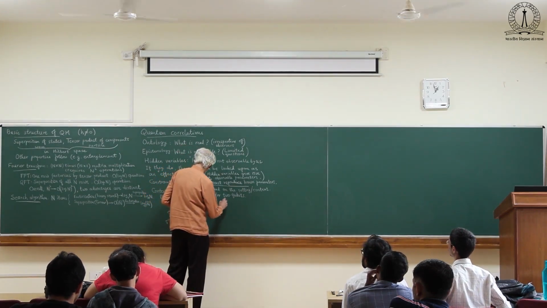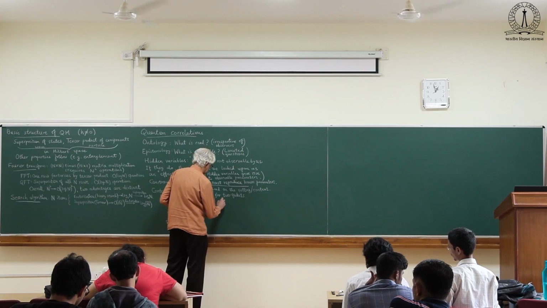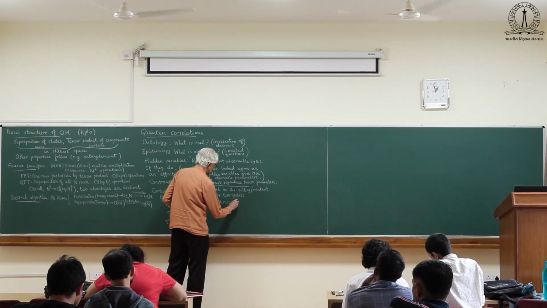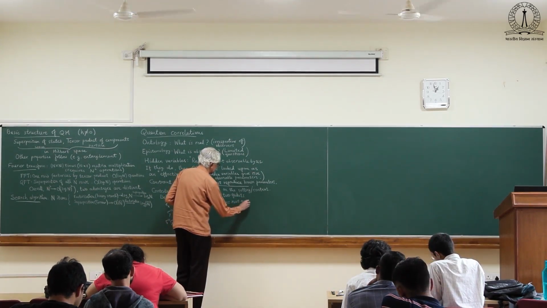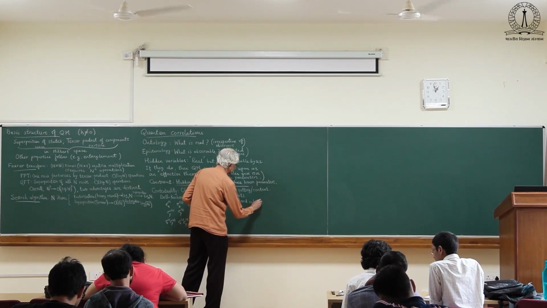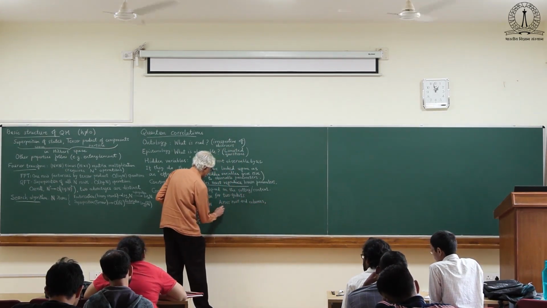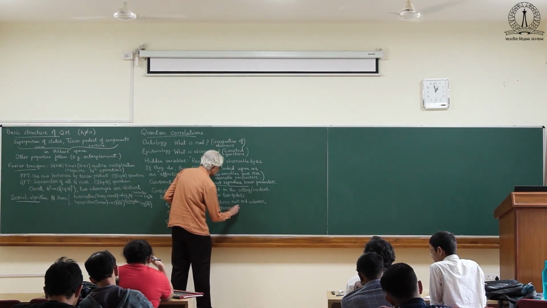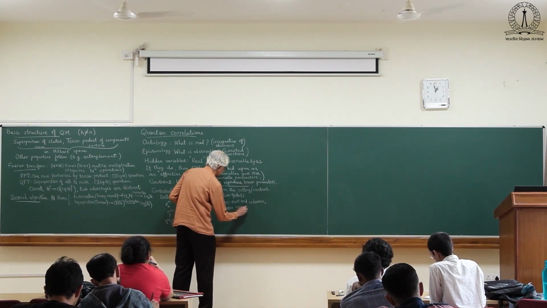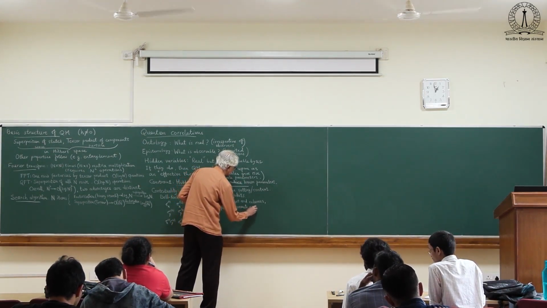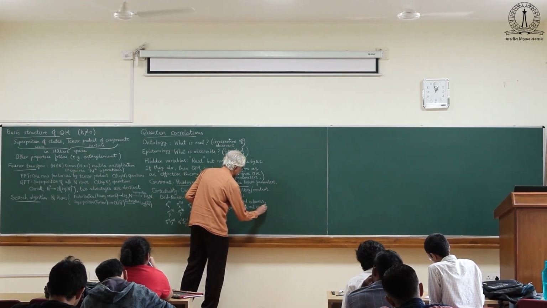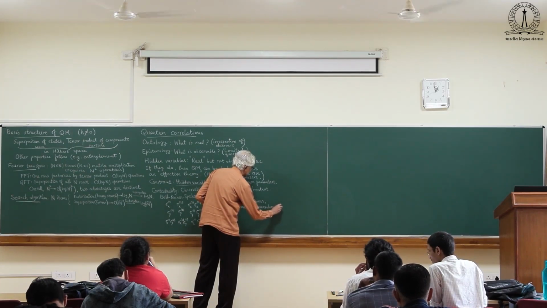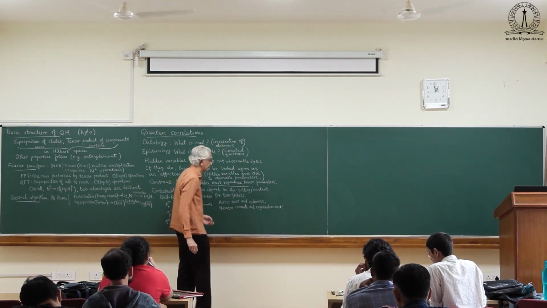So let me write down all these things which I said in words. The operators across rows and columns commute and eigenvalues are plus or minus 1.